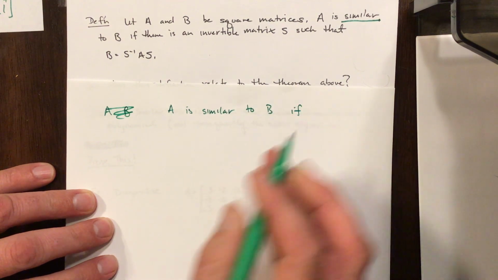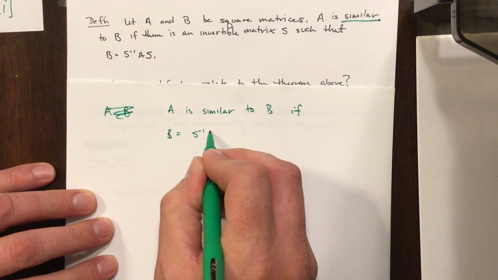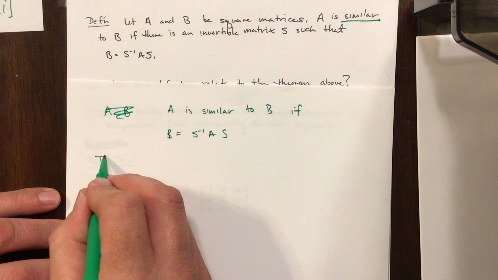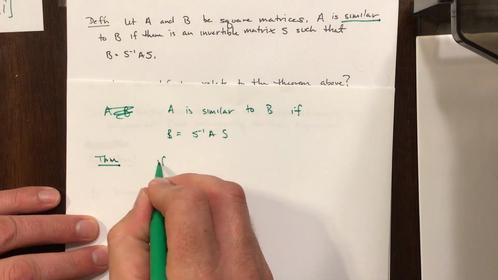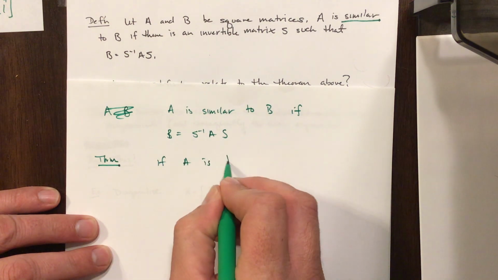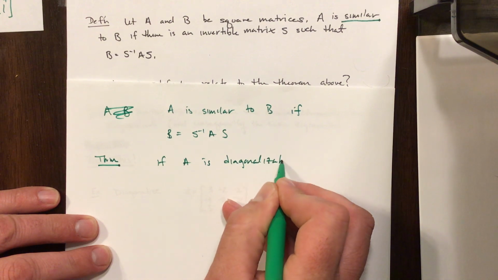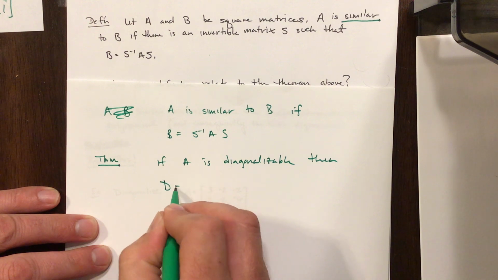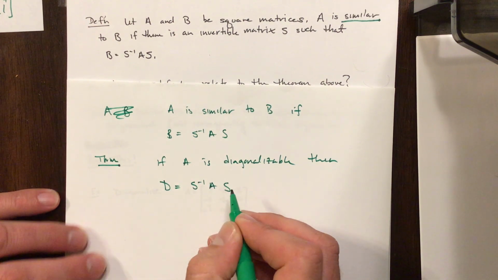A is similar to B if B is S inverse AS. And the theorem above said if A is diagonalizable, then D is equal to S inverse AS.